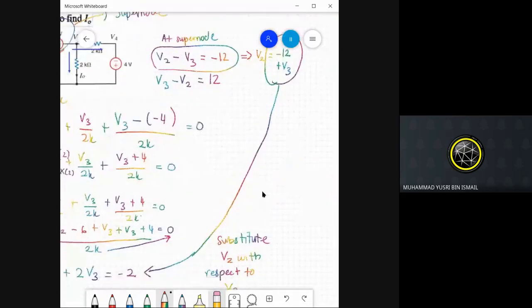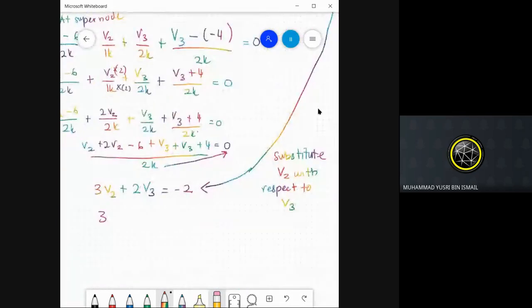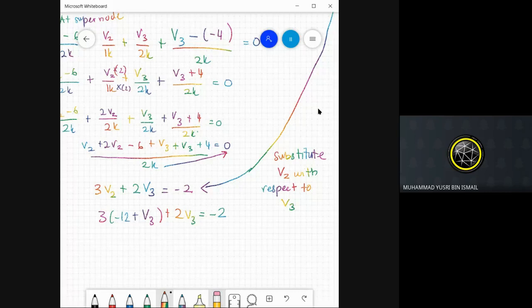Okay, negative 12 plus V3. So negative 36 plus 3V3 plus 2V3 go to negative 2.